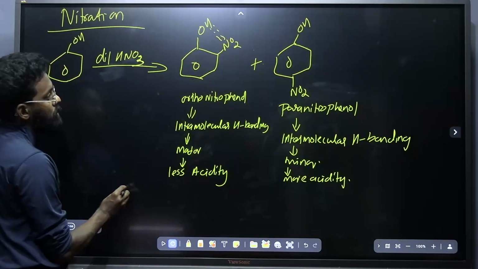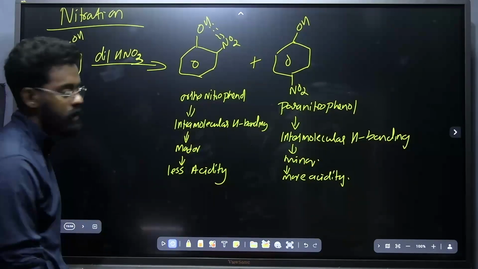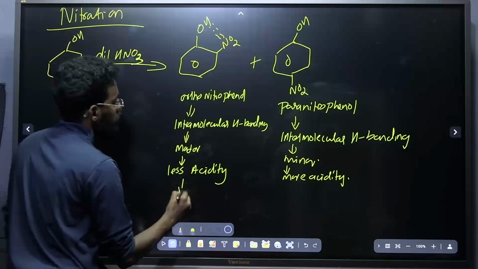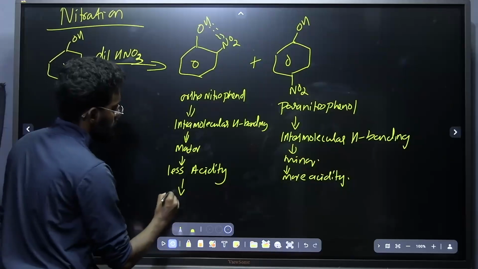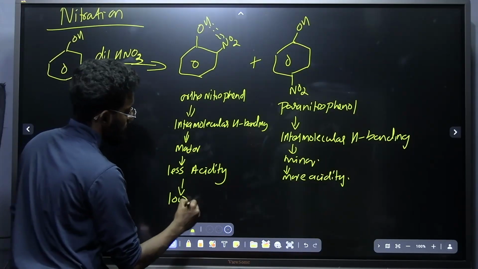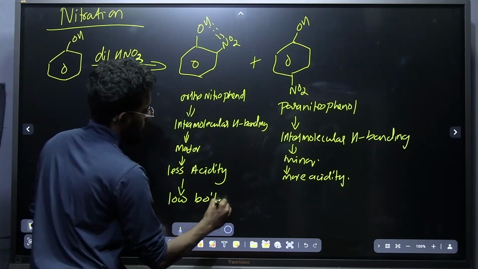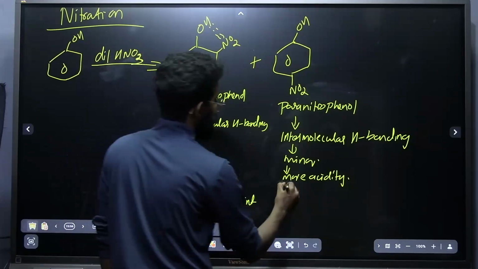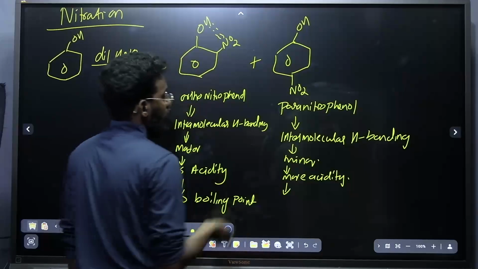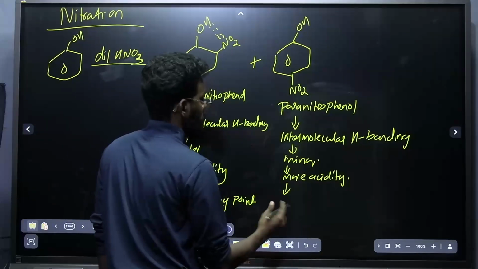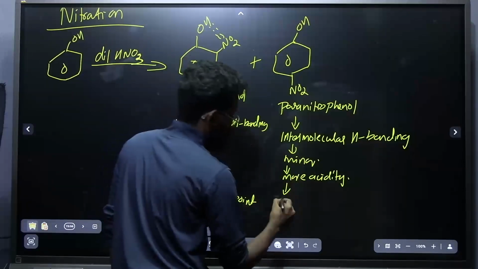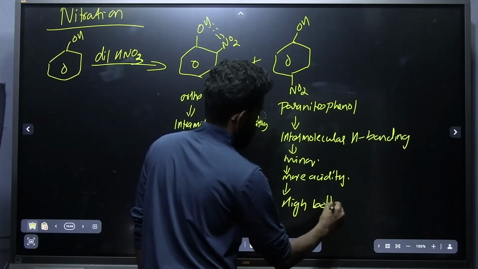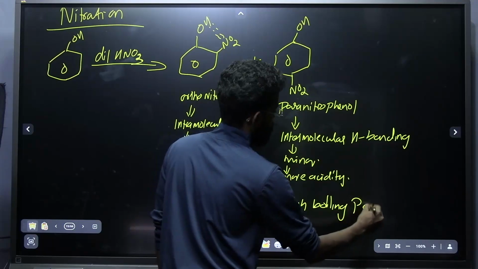Now if I am comparing the boiling point of ortho nitrophenol and para nitrophenol, due to intramolecular hydrogen bonding, ortho will have a low boiling point. And due to intermolecular hydrogen bonding, para nitrophenol will have high molecular mass, so it will have a high boiling point.